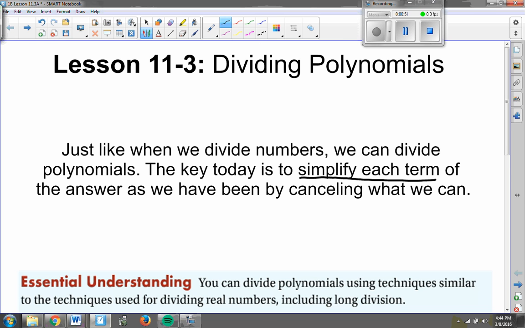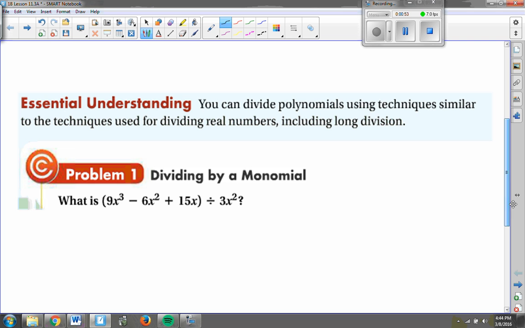Okay? So what this is going to look like is you're going to be given some kind of polynomial. In this case, 9x to the third minus 6x squared plus 15x. They're asking us to divide that all by 3x squared.